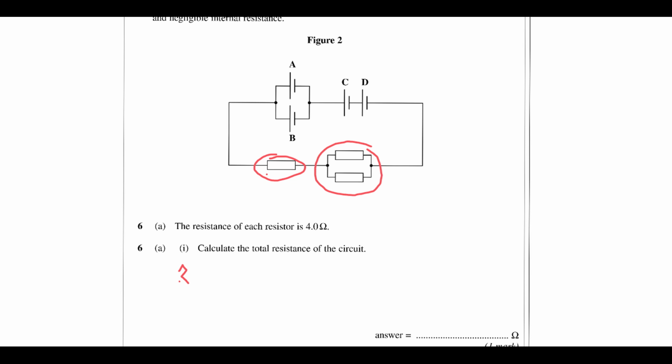So the total resistance is going to be the resistance of the first one plus the resistance of the second combination. We need to find the resistance of the combination: a quarter plus a quarter is a half, 1 over a half gives us 2. So that's going to come out as 6.0 ohms when we calculate this.